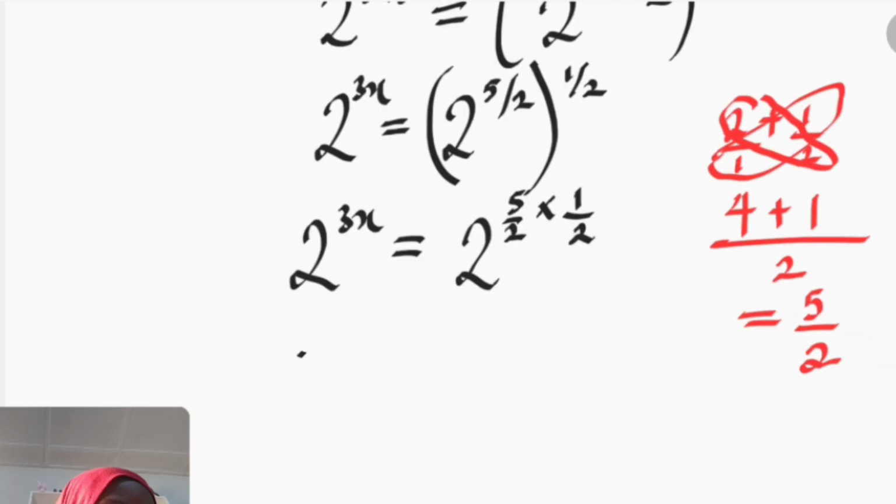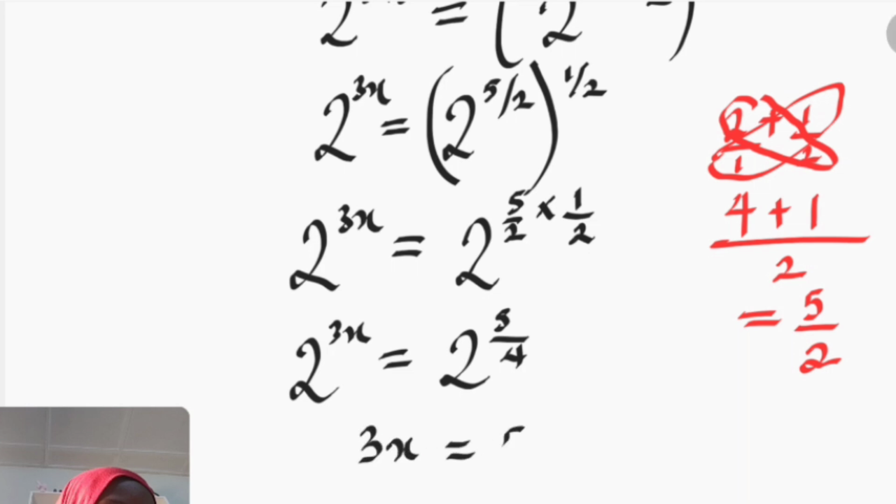Moving on, we have 2 to the power of 3x is equal to 2 to the power of 5 times 1 gives us 5 over 2 times 2 gives us 4. Now the bases are now the same, both on the left hand and on the right hand side. So what do we do? We equate the powers. This becomes 3x is equal to 5 over 4.